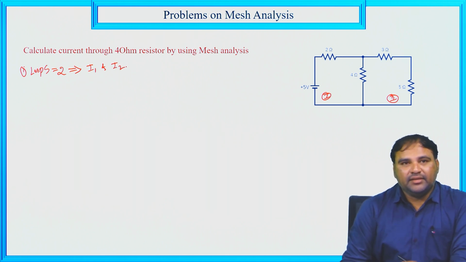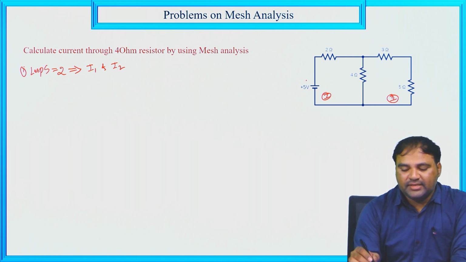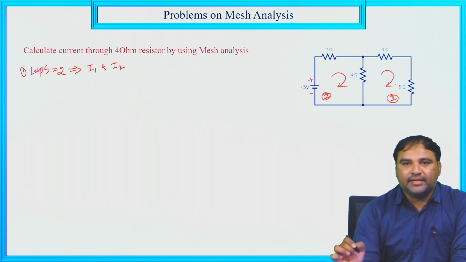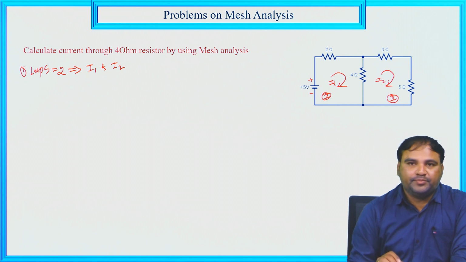Now the direction. For the first loop, it is a clockwise direction, so this is plus and this is minus. The first loop is clockwise and the second loop is also clockwise. The first loop current I am taking as I1 and the second loop current as I2.